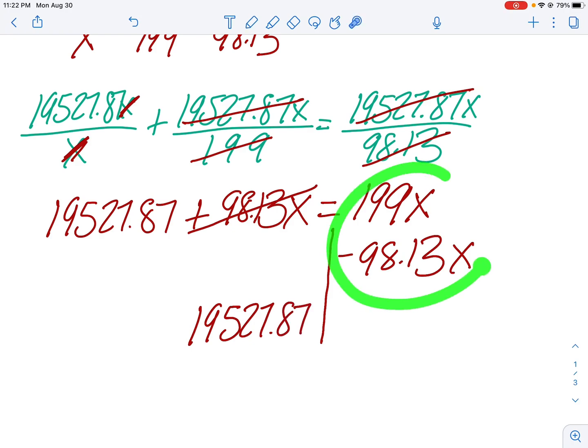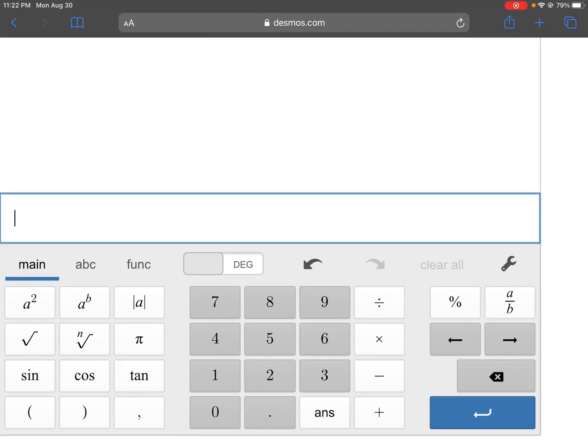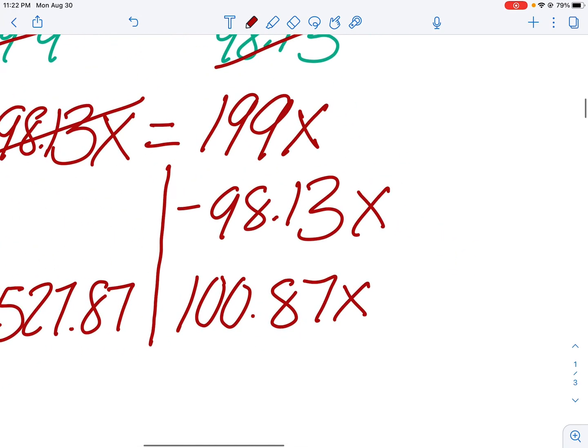And 199 minus 98.13 is equal to 100.87. So I get 100.87x. Between 100.87 and x, remember there's an invisible point, which means multiply.